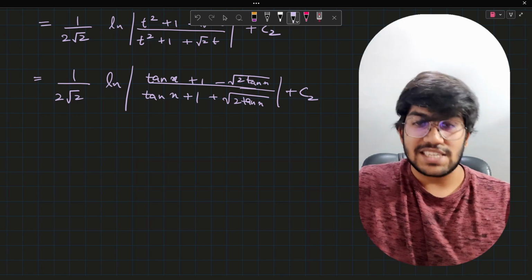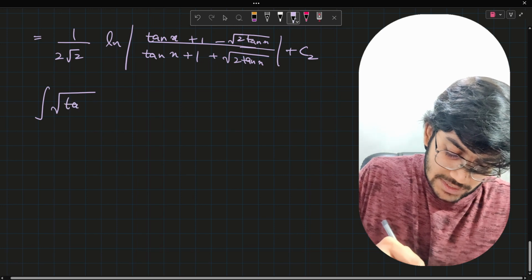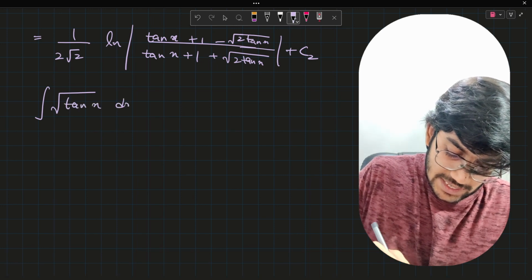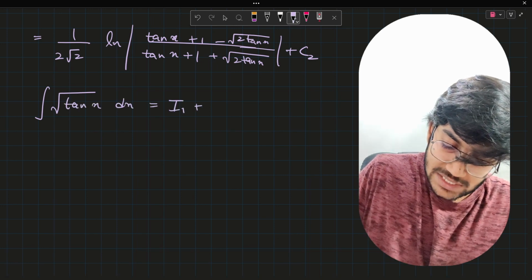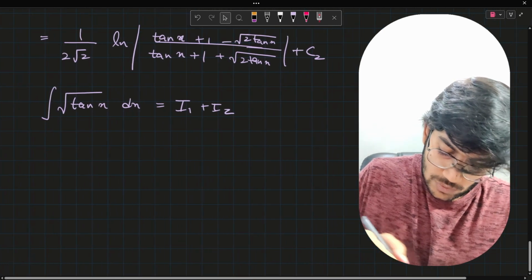So we are basically done. So the integral of root tan x dx is basically I1 plus I2, which is what?